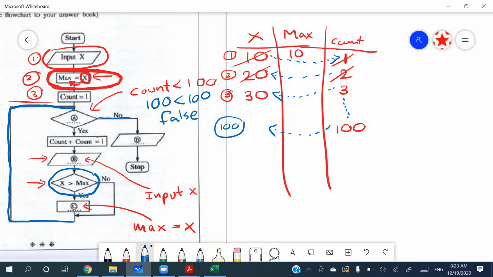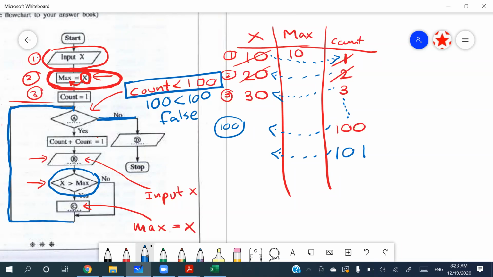So it will flow from here. So what we have assumed is correct. If you put the equal sign, what will happen? It is not less than, but still it is equal. So it goes down again. Count will be increased to 101 and will be asked for another number.